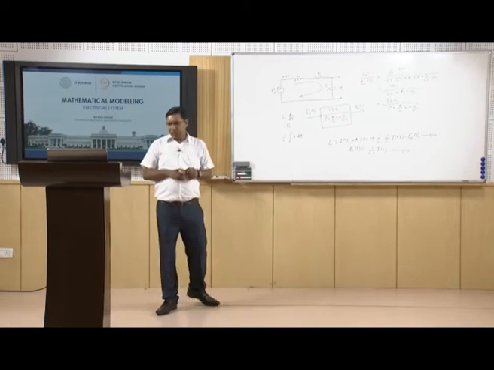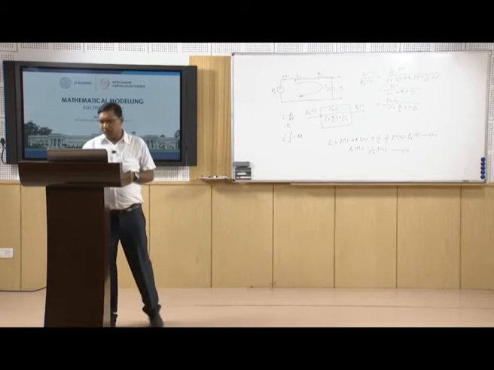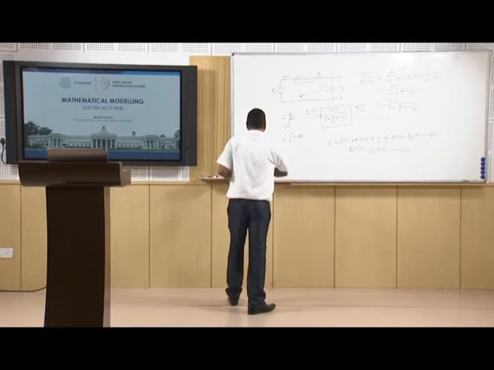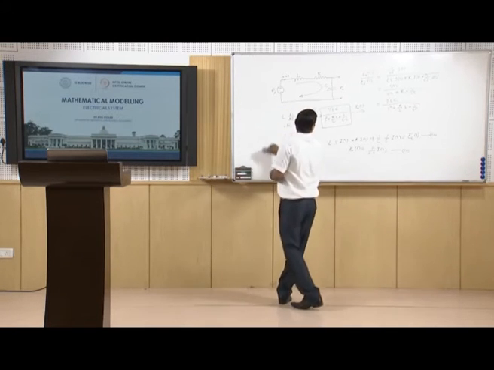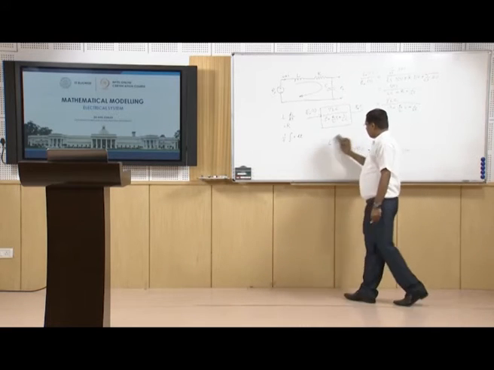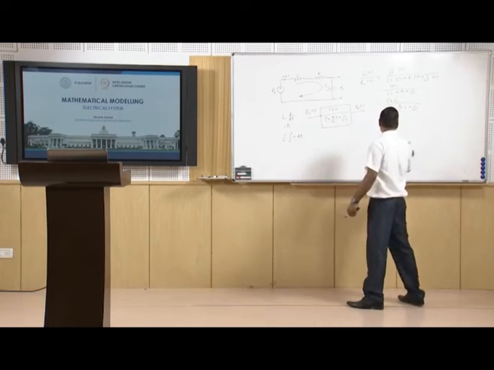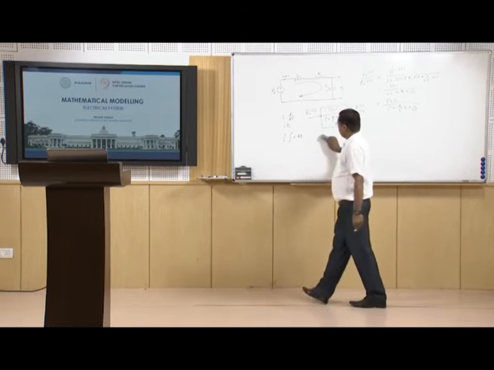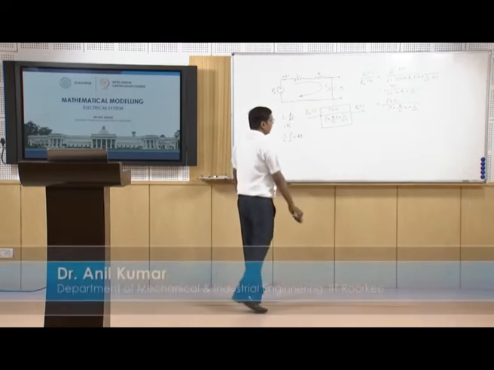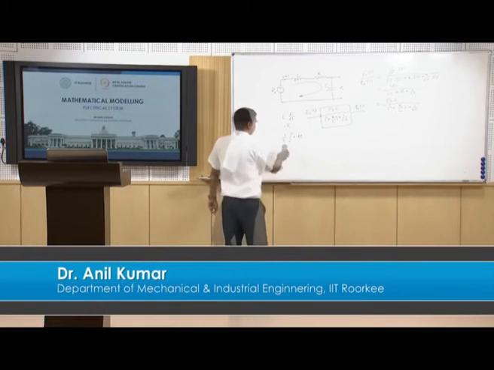Now we discuss the concept of impedance in the case of an electrical circuit. In electrical systems, the concept of impedance can be used to find the transfer function and represent the system.